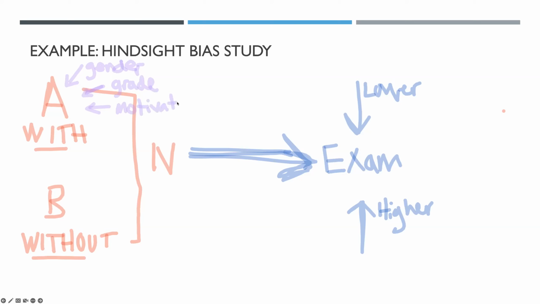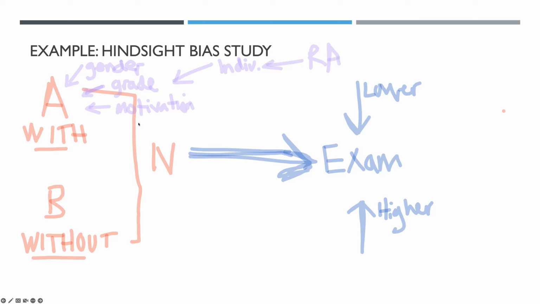So these are individual level characteristics. Our goal is to control for these extraneous variables. With individual level characteristics, we can control them through random assignment.